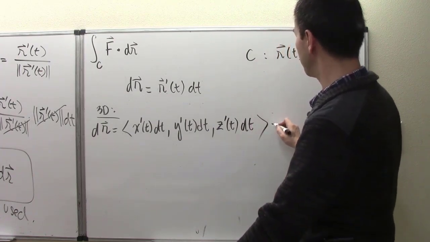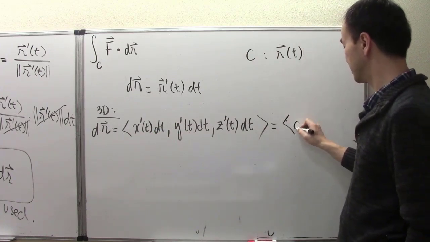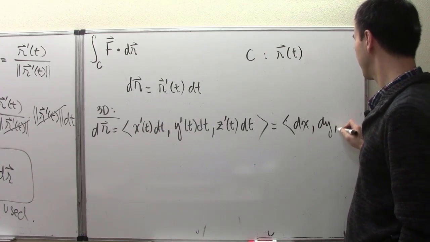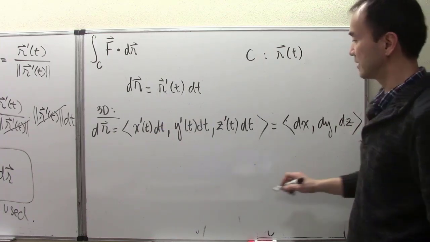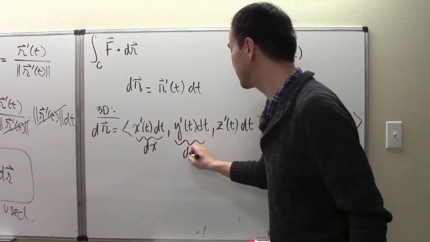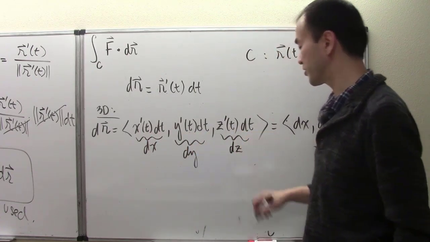That can be further argued to be the vector dx, comma dy, comma dz, because this is a dx differential, this is a dy differential, similar to what we have seen earlier, and this is a dz differential.